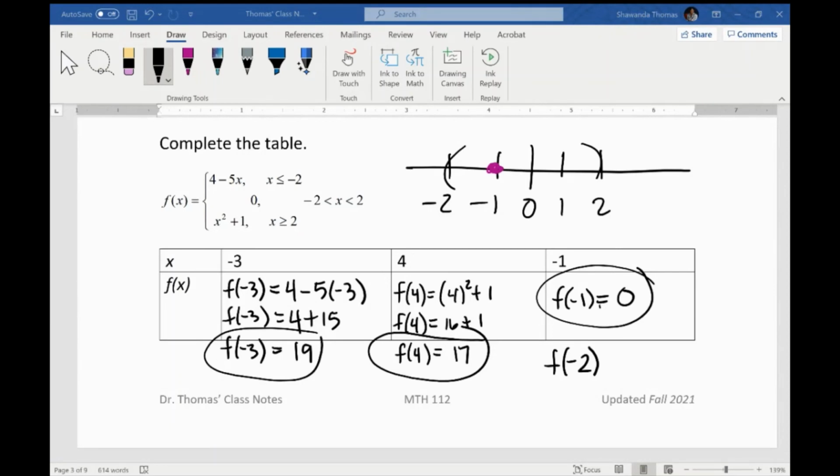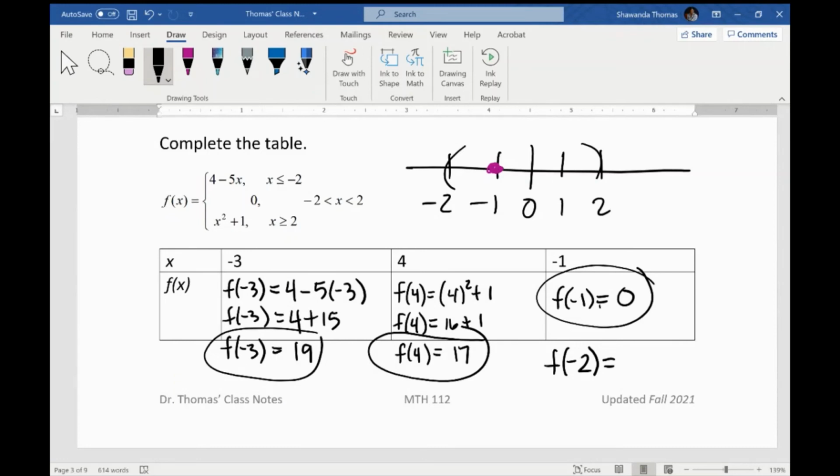I feel like 14. Oh, 14. Well, tell us how you did that, Maurice. What did you do? X -2 is less than or equal to -2.